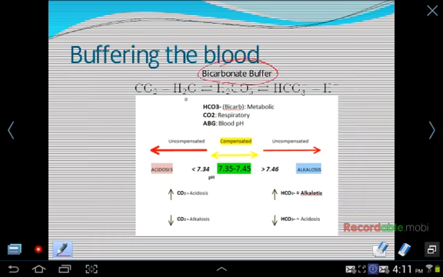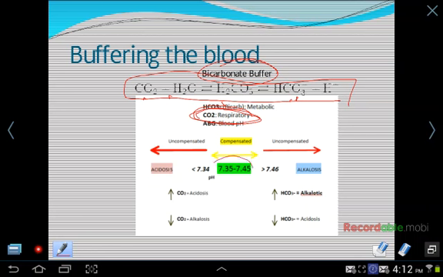So as you can see, here is our chemical equation for the bicarbonate buffer. So you can have carbon dioxide plus water. It's going to use bicarbonate, and then you can get bicarb, the metabolic bicarb. And what can actually happen is through respiratory control or the concentration of CO2, we can actually maintain the pH in the blood.